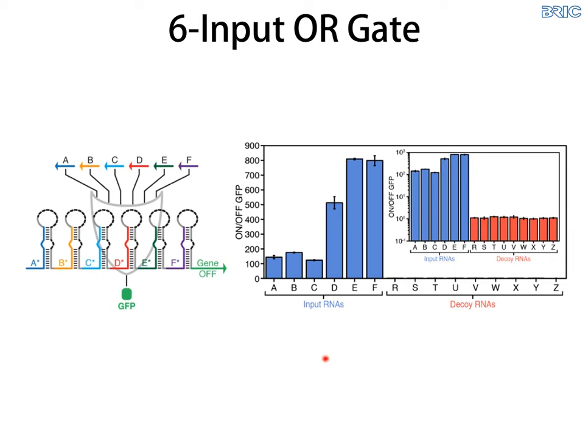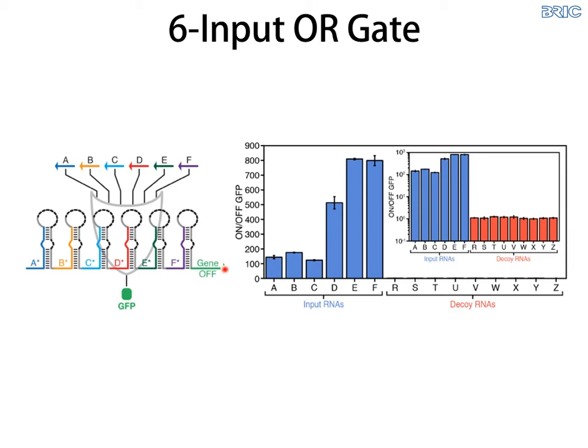But as you probably have noticed, there are some limitations. For the input sequences D, E, and F, you have a pretty good expression, but not as good for A, B, and C. This seems to indicate that the signal can go through all the downstream hairpins, but sometimes it can fall off.